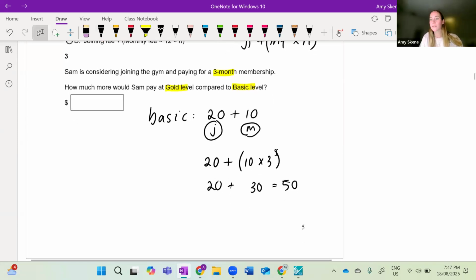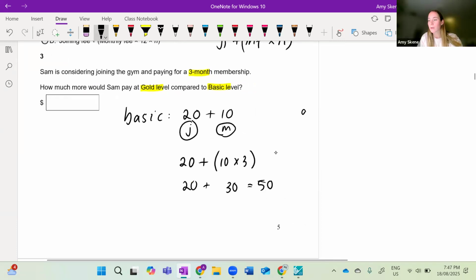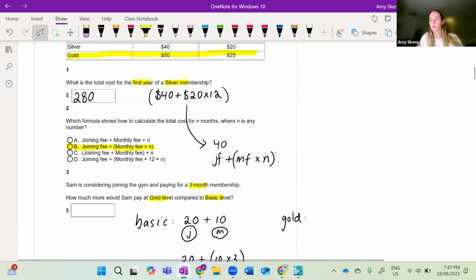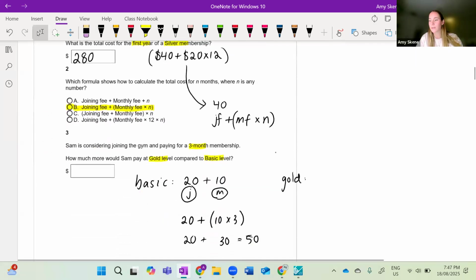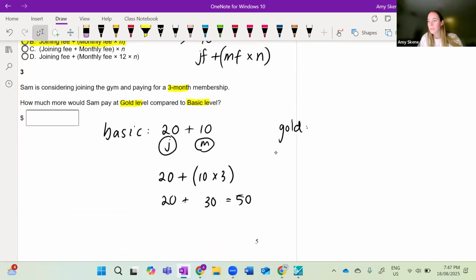Basic level is 50. Now let's compare the gold level. So gold level, we have to go back up and scan. We've got 50 and 25. So 50 is the joining fee, and I'm going to write J, and 20 is the monthly fee to help me write M. Joining fee, let's start using the formula 50 plus the monthly fee, which is 20 multiplied by 3.